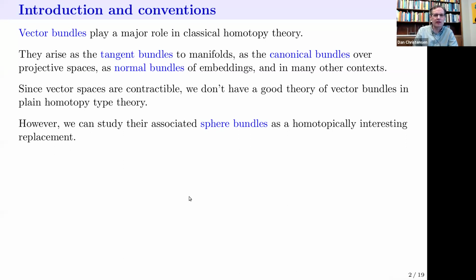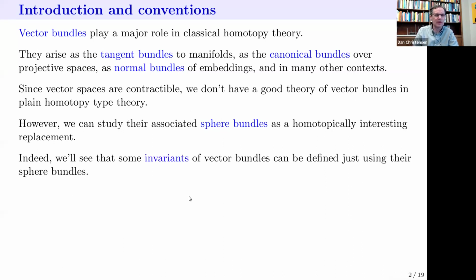One is that you could take it to be the unit vectors in the vector bundle, or alternatively, you could just take it to be the non-zero vectors. Homotopically, that's also a sphere. So we're going to be studying sphere bundles as a replacement for vector bundles. The theories are not equivalent, but we'll see that many of the invariants factor through the sphere bundle construction.